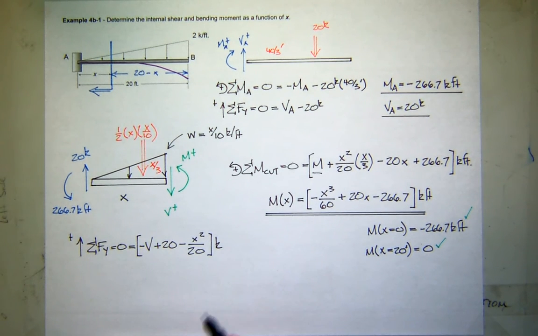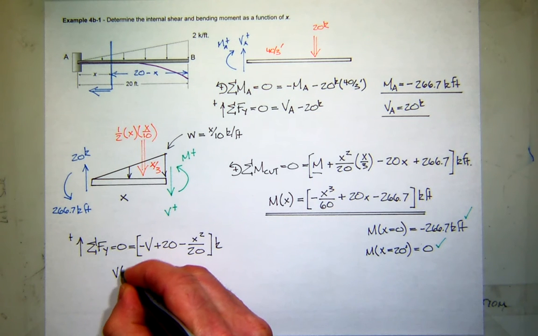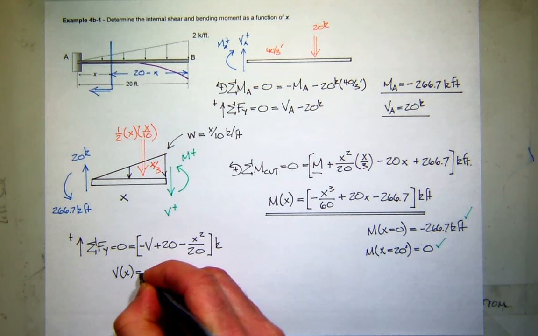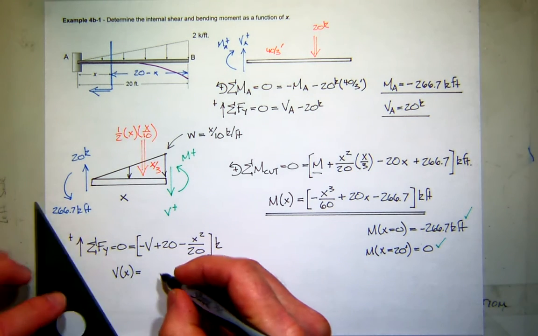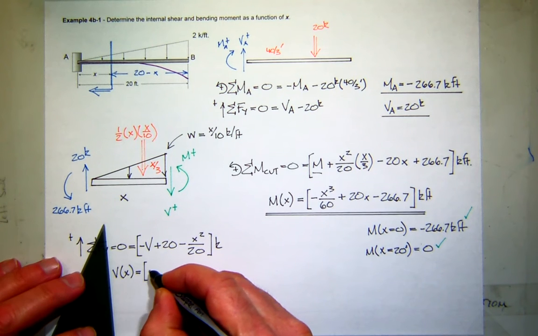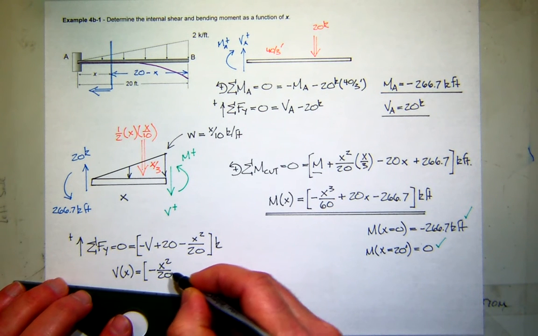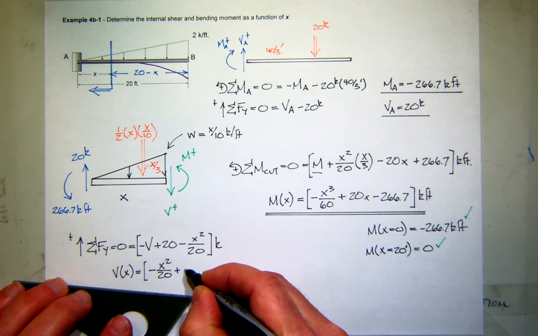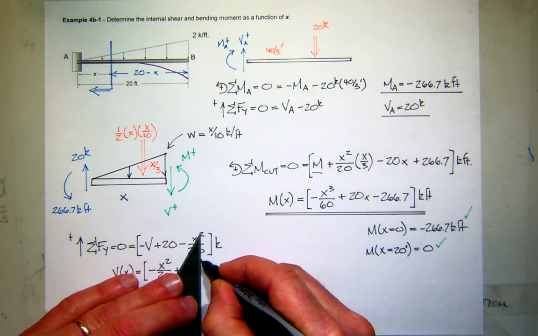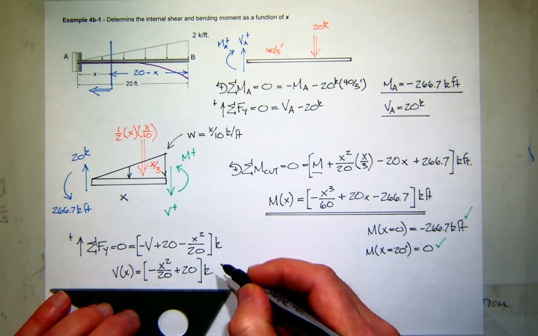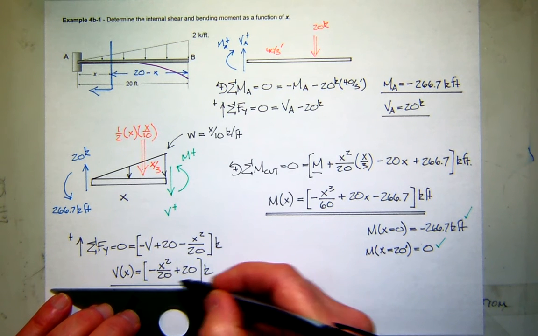So all I do is solve for V. When I solve for V, which is also a function of x, I get minus x squared over 20 plus 20. Do I know the shear anywhere?